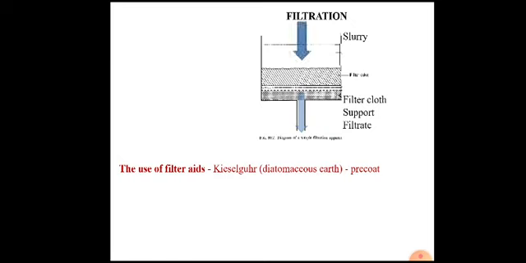Now the major problem in this type of filtration is the resistance to flow. If the fermentation broth has a high content of solids, then the thickness of the filter cake will increase and it will block the pores present in the filter cloth.